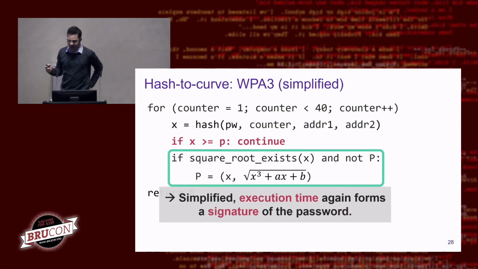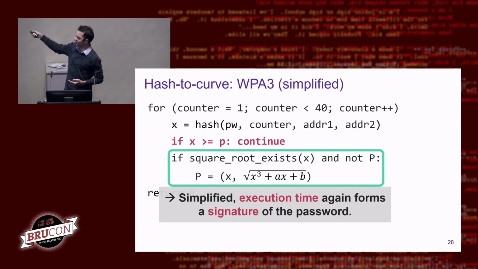Now, I'm simplifying the high-level explanation of the algorithm a bit. In practice, there are some additional technicalities that we have to handle when we want to exploit this. But essentially, we have the same vulnerability and also the same exploit mechanism as before. We can measure the execution time of the access point or even of the client. We can measure how many times this block of code was skipped.